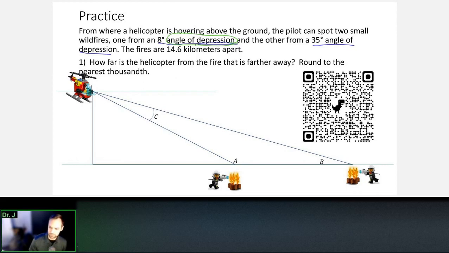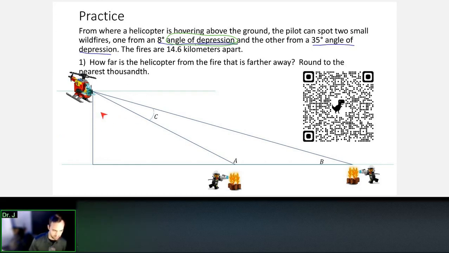It's the angle from the view of the person. Partially, Brady, sure, but be more specific. So how is that angle made? If it's from their view, I'm guessing you mean from the helicopter up in the sky, looking down. Sure. So how is that angle made? My question is, on here, where would the angle of depression be?